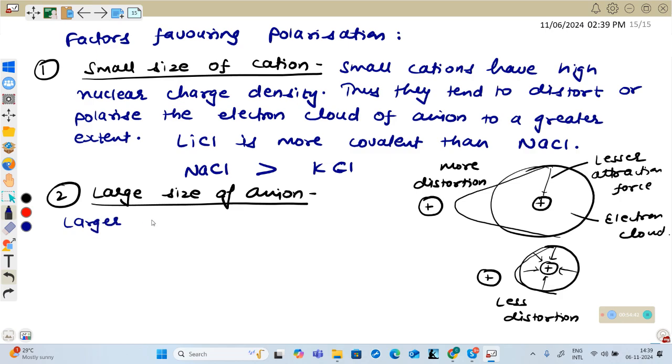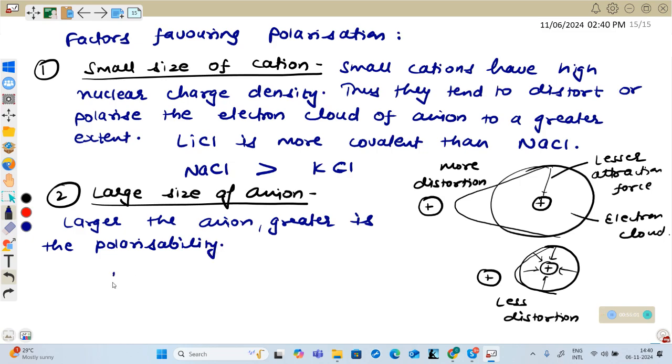Larger the anion, greater is the polarizability. So lithium iodide will be more covalent than lithium bromide. See, I am changing only anions. Then lithium chloride, then lithium fluoride.